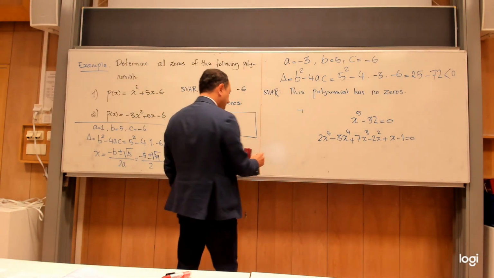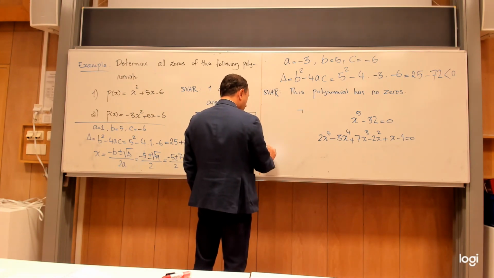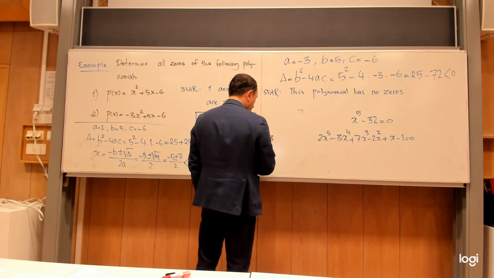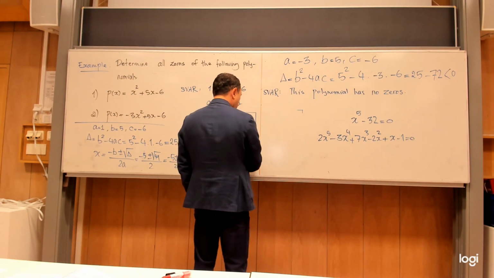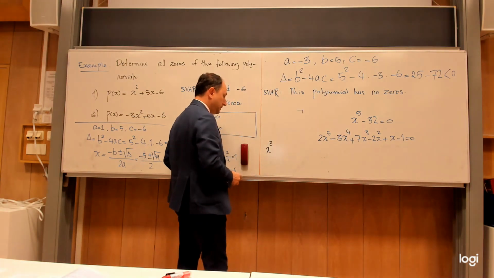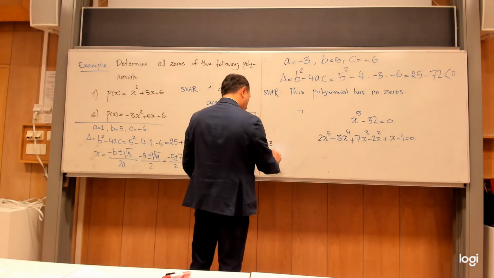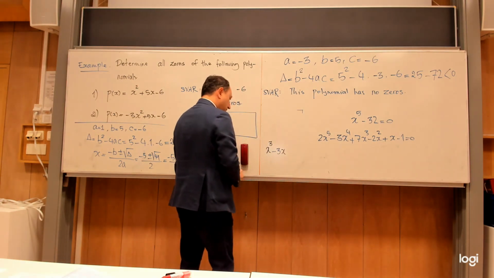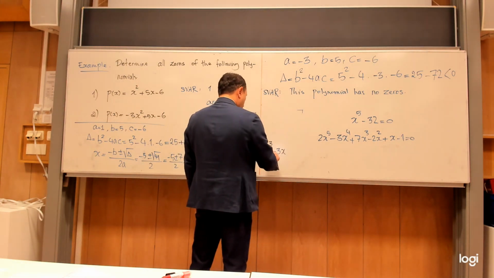For example, if I ask you to solve this equation, let me just give you an example. x to the power of 3, minus 3x. Let me write it like this.